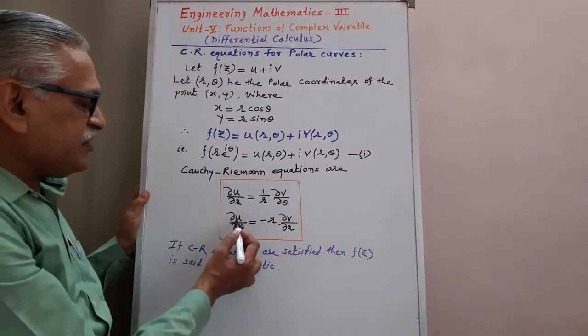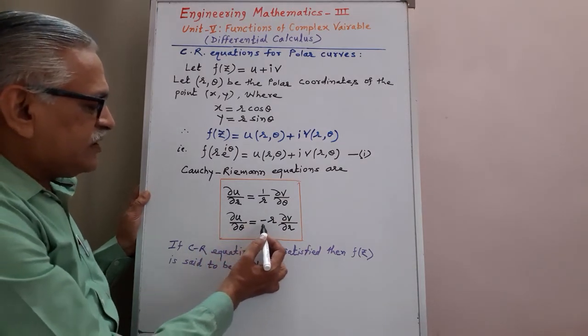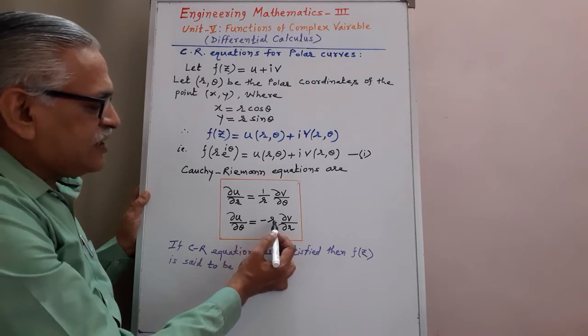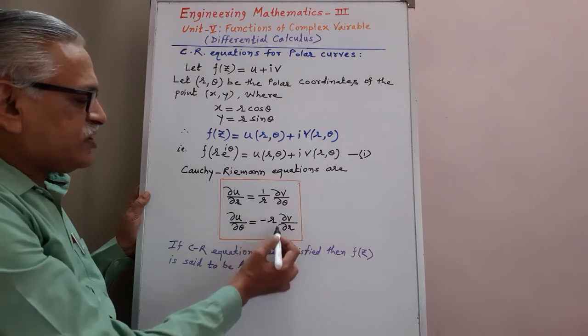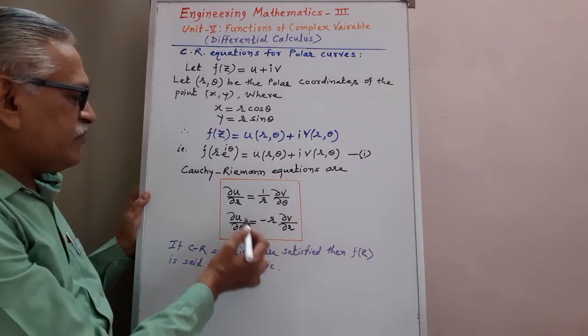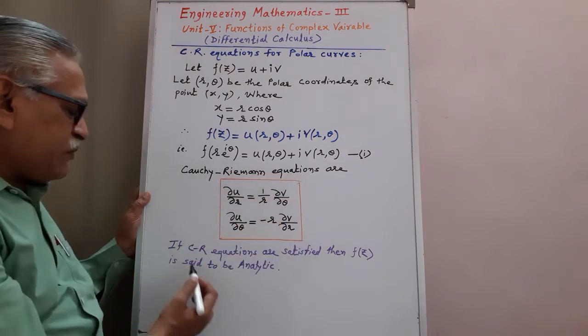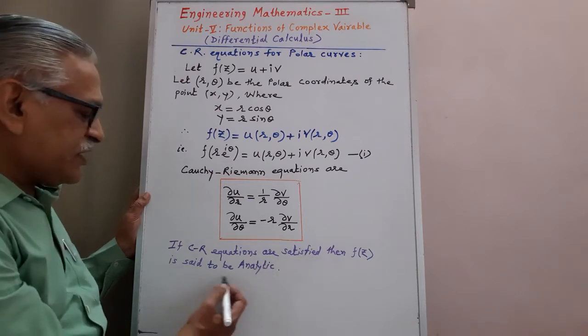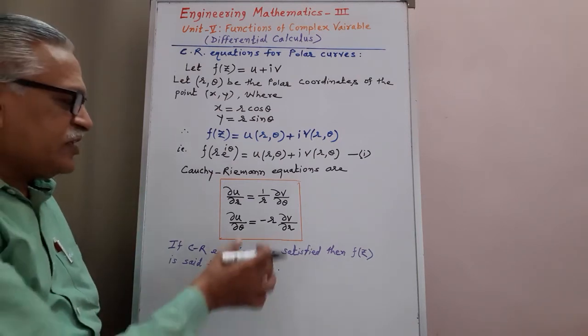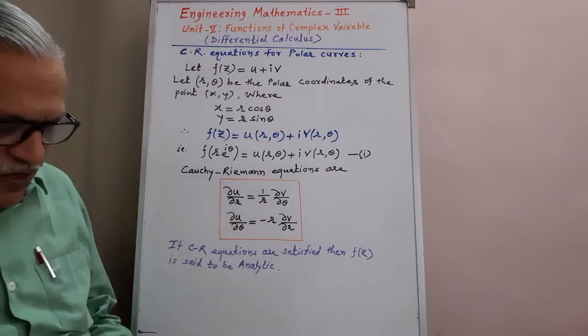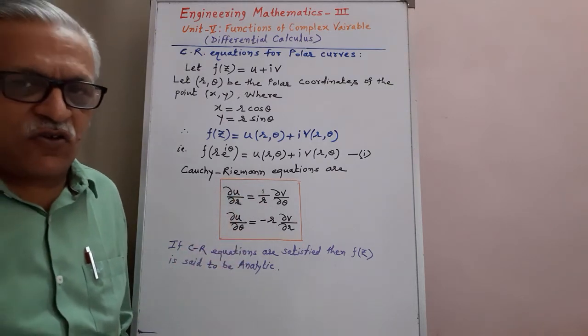And second condition, dou u by dou theta is equal to minus r into dou v by dou r. If these two conditions are satisfied, means if CR equations are satisfied, then that function is said to be analytic. Therefore, using these equations, we can check whether the function is analytic or not.